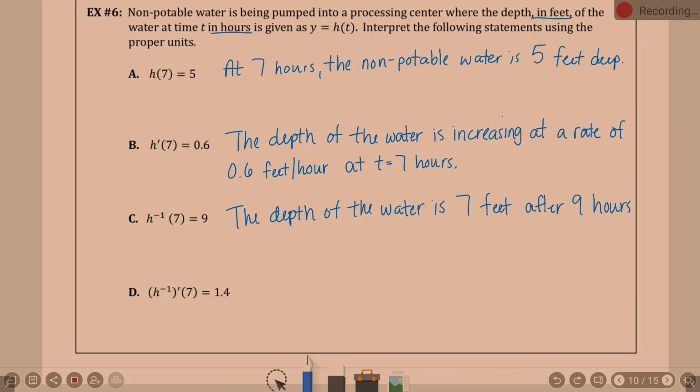Okay. The derivative of H inverse at 7 equals 1.4. When the water is 7 feet deep, it's getting deeper at a rate of 1.4 feet per hour. Say that again. When the water is 7 feet deep, it is getting deeper at a rate of 1.4 feet per hour.